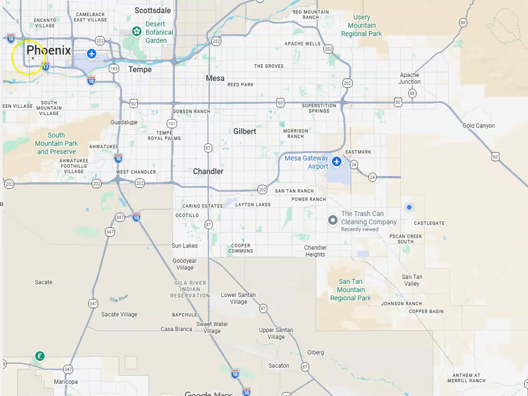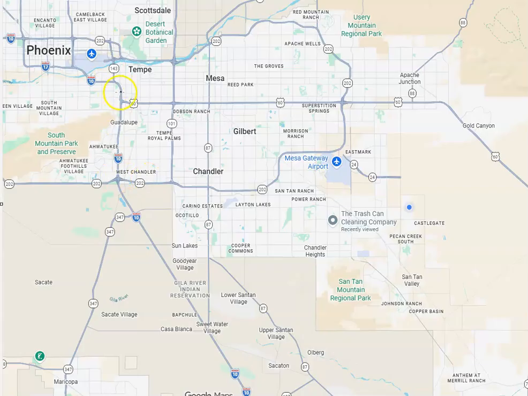So this is my service area, my town, my city, I guess, wherever I live. Anyway, I live here. I store my equipment somewhere over here. And as you can see, we serve all the way into Tempe, all of this area here, all the way up north over the 202 freeway, all of Apache Junction, Gold Canyon over here, all of this area down here, all the way down south by Anthem, and then all of this area over here.